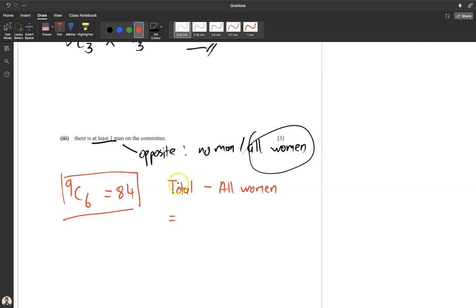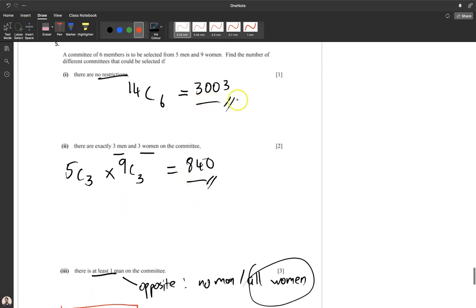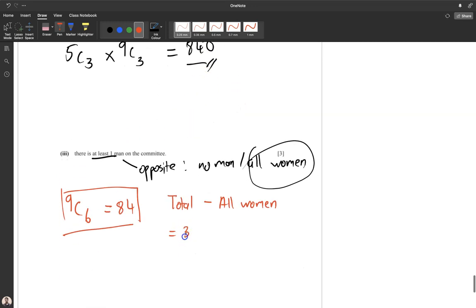Total was already given here: 3003 minus all women. We will end up getting 2919. Okay, this is the fastest way.